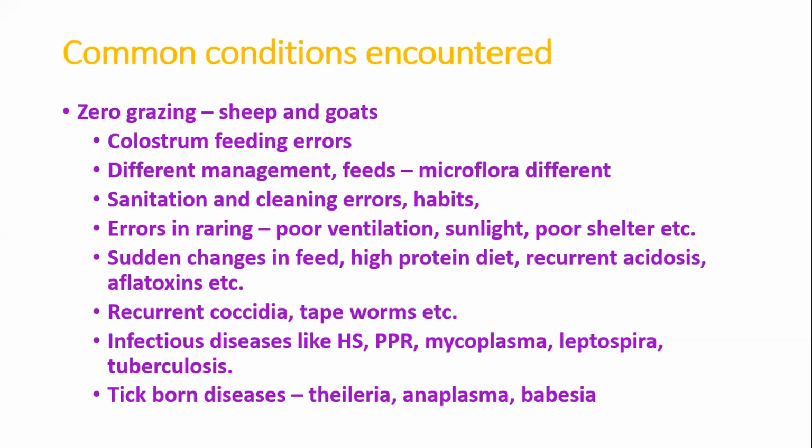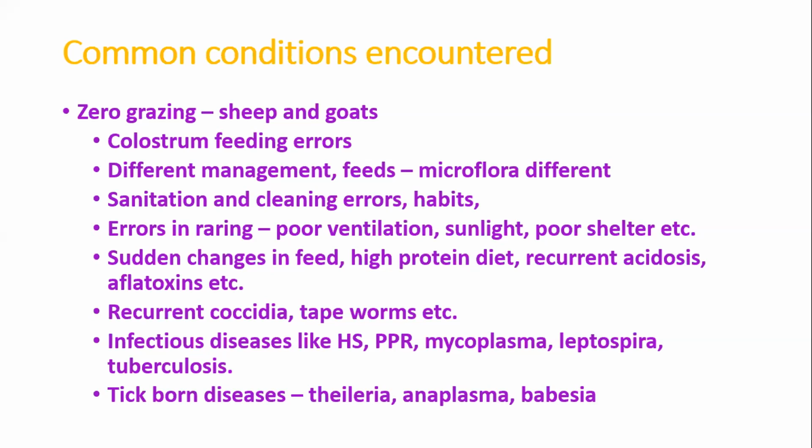In very rare conditions, acute coccidiosis can be observed, but most of the time recurrent coccidia is a chronic type of coccidia, and that ultimately leads to wasting of the animals, and definitely the body weight is not up to the mark. Then infectious diseases like HS, PPR, Mycoplasma, Leptospira, tuberculosis are very common in both conditions, the zero grazing as well as the grazing animals.